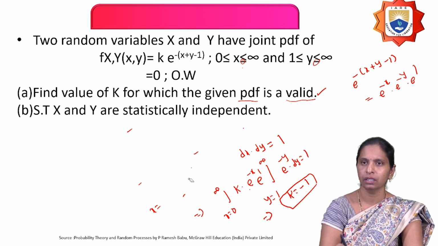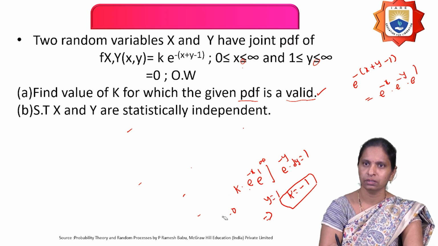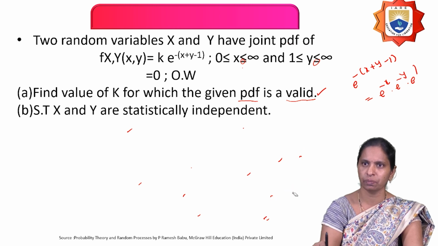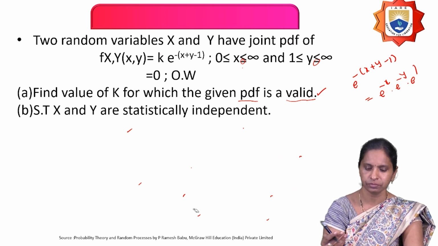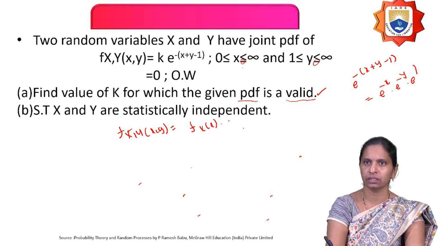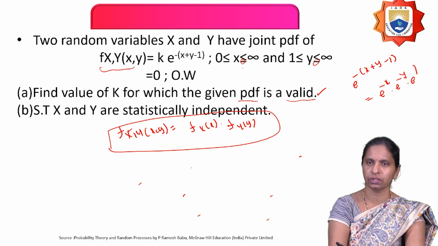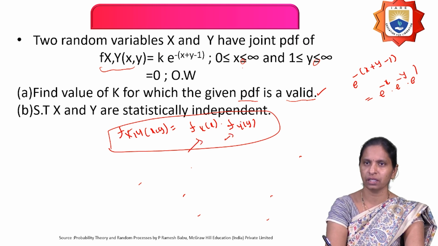The joint density function fxy of x comma y is equal to fx of x into fy of y. So if you prove that this joint density function is equal to the product of the marginal density functions, then you can say that these two are independent random variables.